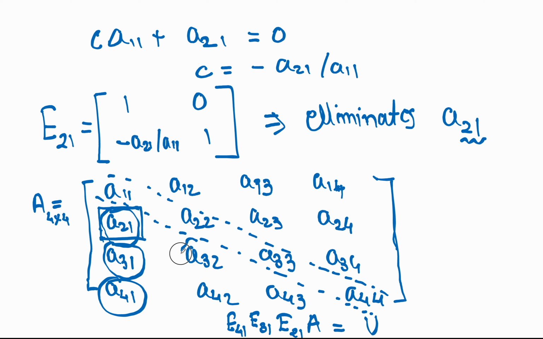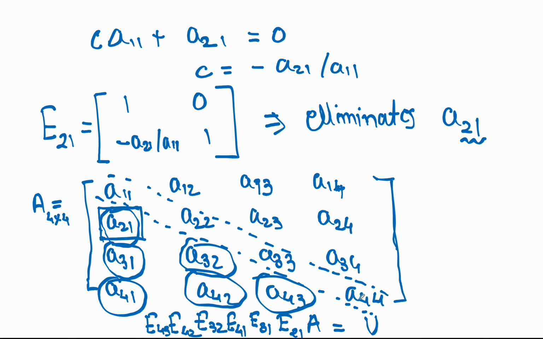So next we will go to this one, which is E32. Then we will go to E42, and then finally E43.